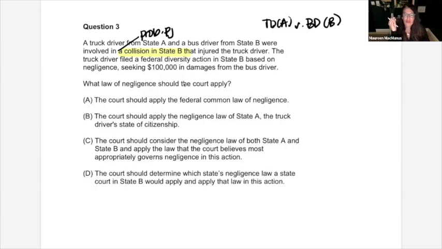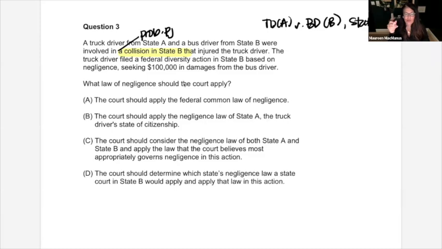So the truck driver filed a federal diversity action in state B based on negligence, seeking $100,000 in damages from the bus driver. So this is a federal court sitting in diversity. So when a federal court is sitting in diversity, then you have to apply state substantive, federal procedural.